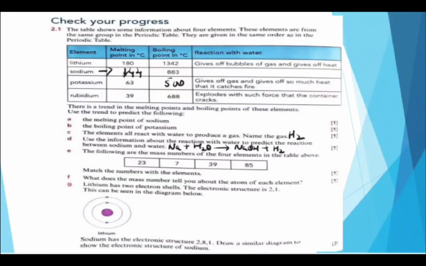All right. Next one. The following are the mass of the four elements in the table above. Now match the numbers with the elements. So 7 is for lithium, because third in the periodic table.